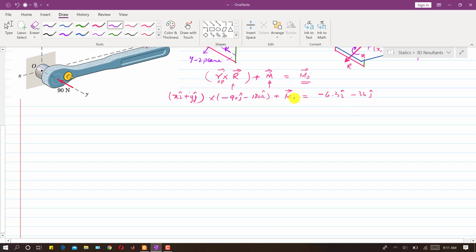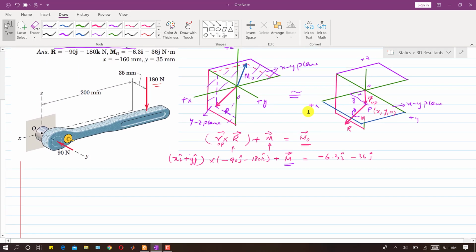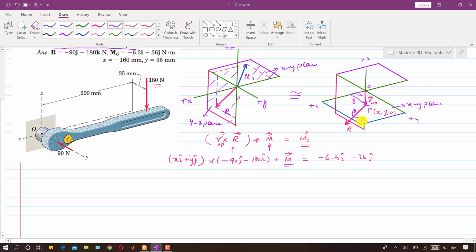In this equation, first we have to find this moment vector, and as we can see, this moment vector is along the resultant, right? So the direction of this moment is in the direction of this resultant. This means that this moment vector will be equal to the magnitude of the moment and the unit vector along the resultant. So we have to find the unit vector of the resultant, right?